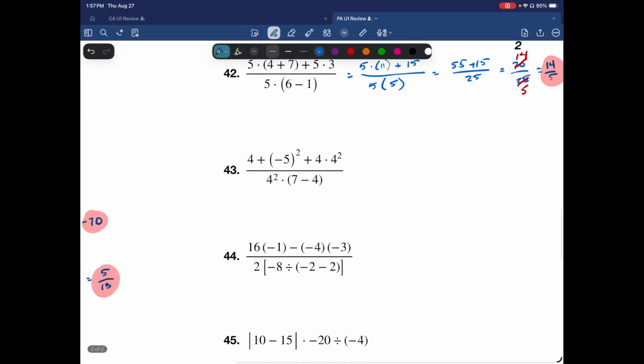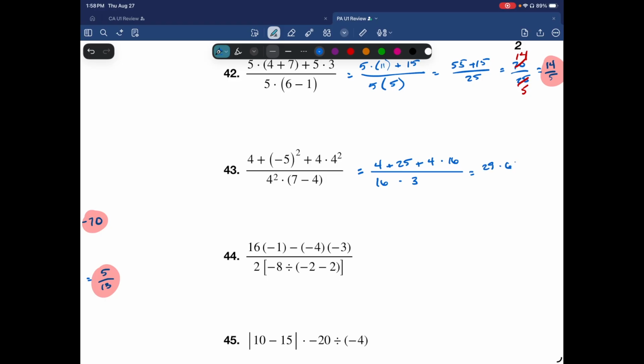43. All right, so we got 4. The square is going to take care of that negative. That's going to be plus 25. Plus, you got 4 squared, so you got plus 4 times 16 all over 16 times 3. Okay, so 4 plus 25 is 29. And then you get the 4 times 16, which is 64.